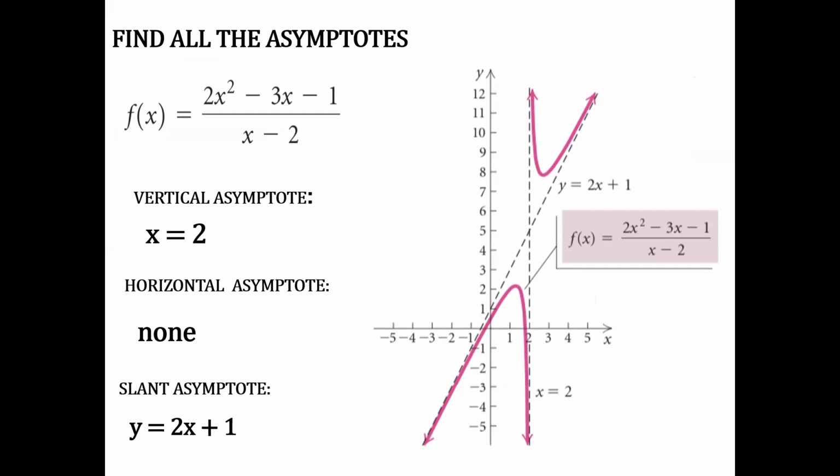For the horizontal asymptote, you compare the degrees of your numerator and the denominator. Also for the slant asymptote, compare the degrees of the numerator and the denominator. You can have at most one horizontal asymptote or slant asymptote, but you cannot have both. So that's it for the asymptotes.